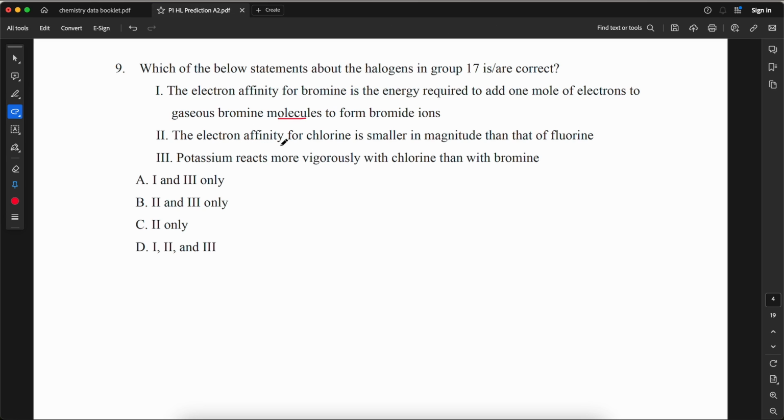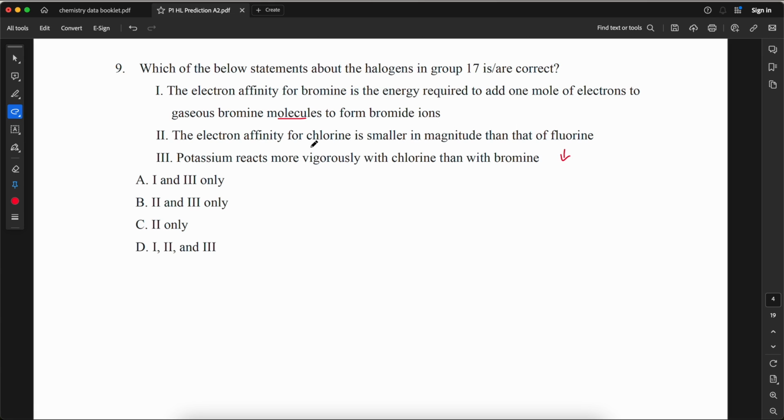The electron affinity for chlorine is smaller in magnitude than that of fluorine. Cl size is bigger than fluorine because it's down the group, so Cl is below F. So as you go down a group, the electron affinity is smaller than F because the atomic radius is bigger.